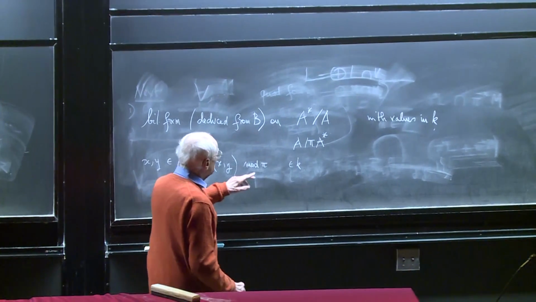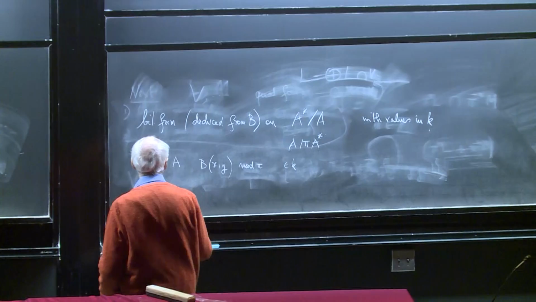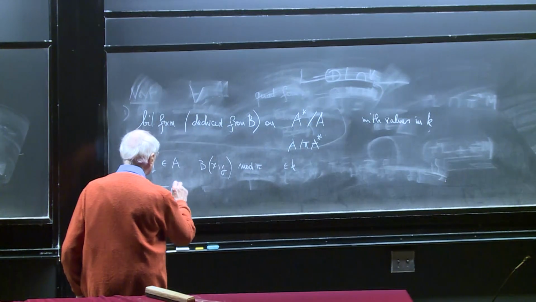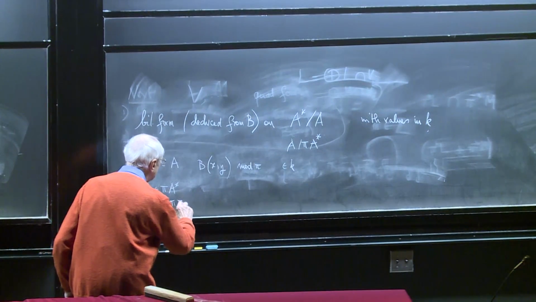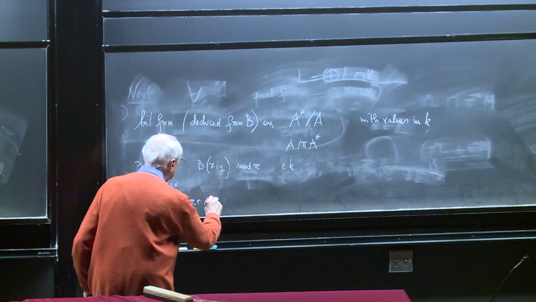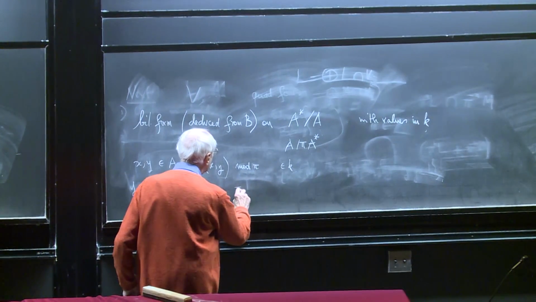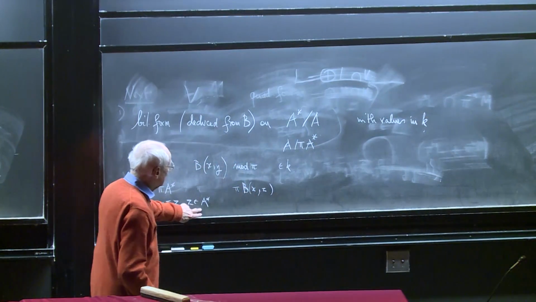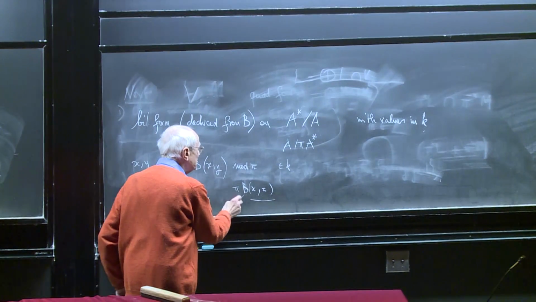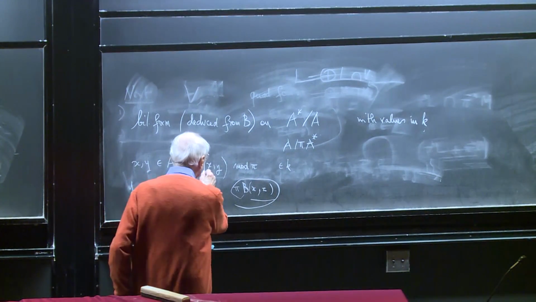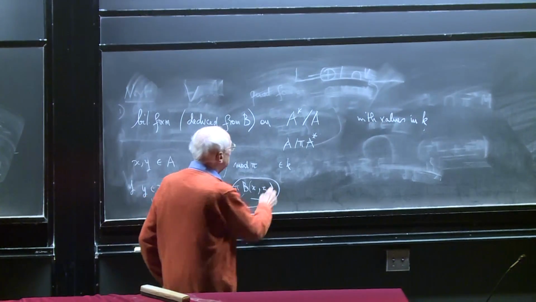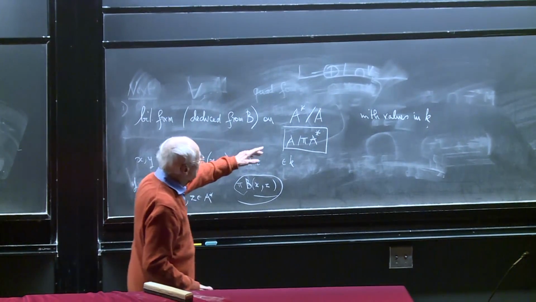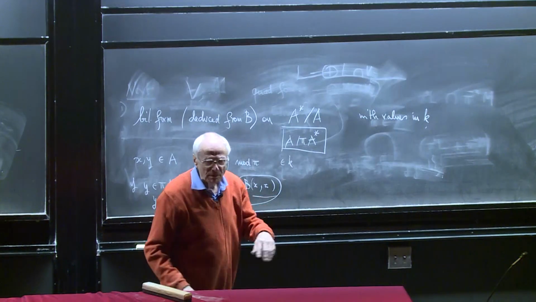But also, if you modify it by pi A star, that is, if y is in pi A star, that is, y is pi z in A star, what do you find here? You find pi B of xz, and because z is in A star, this is in R, so this is in the ideal pi, so it doesn't count. So you do have the bilinear form here. And it's easy to see it's non-degenerate. And you have a similar formula here, but you have to multiply by pi minus 1 or something.